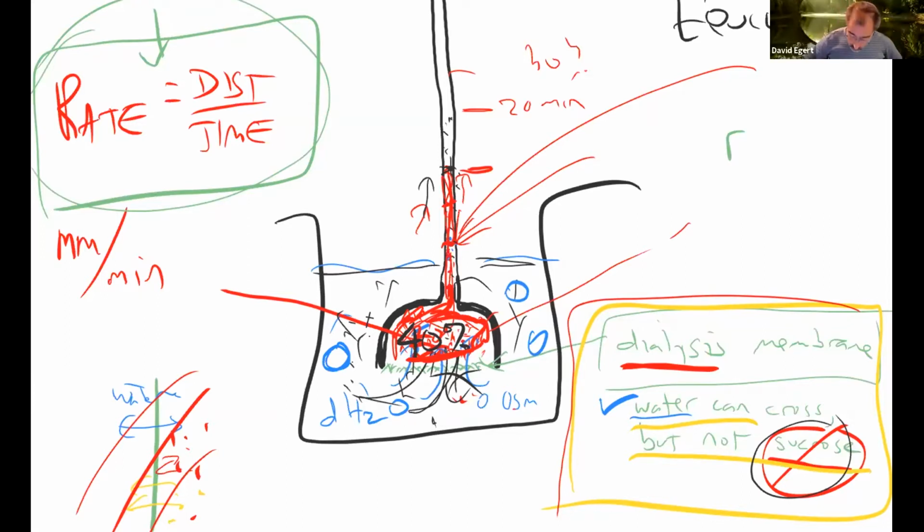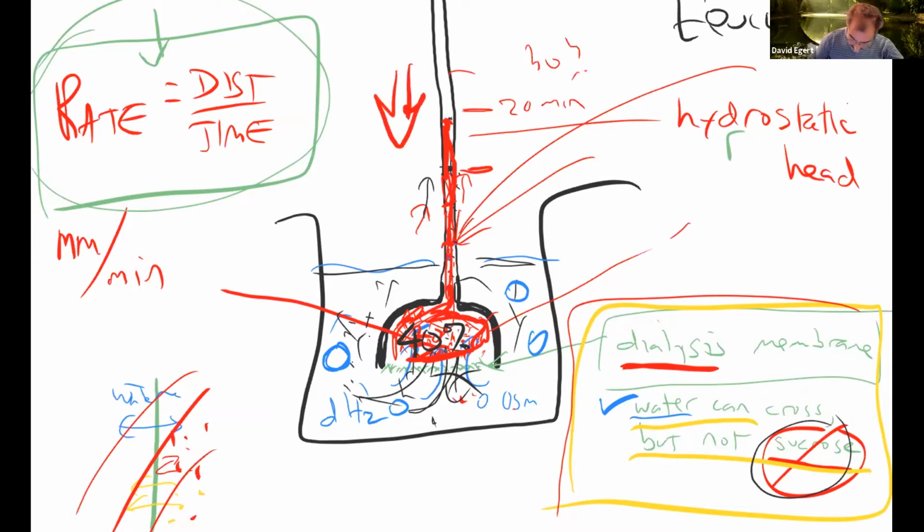So this is where you've got to think about gravity. As the water goes up the tube, we create what's called a hydrostatic head. Basically, the gravity pulling the water back down, the water pressure pushing down.